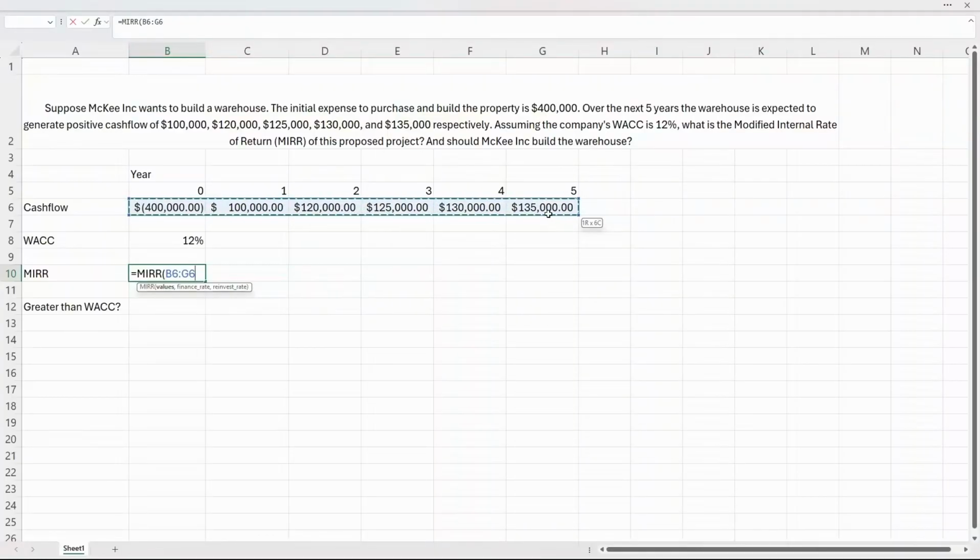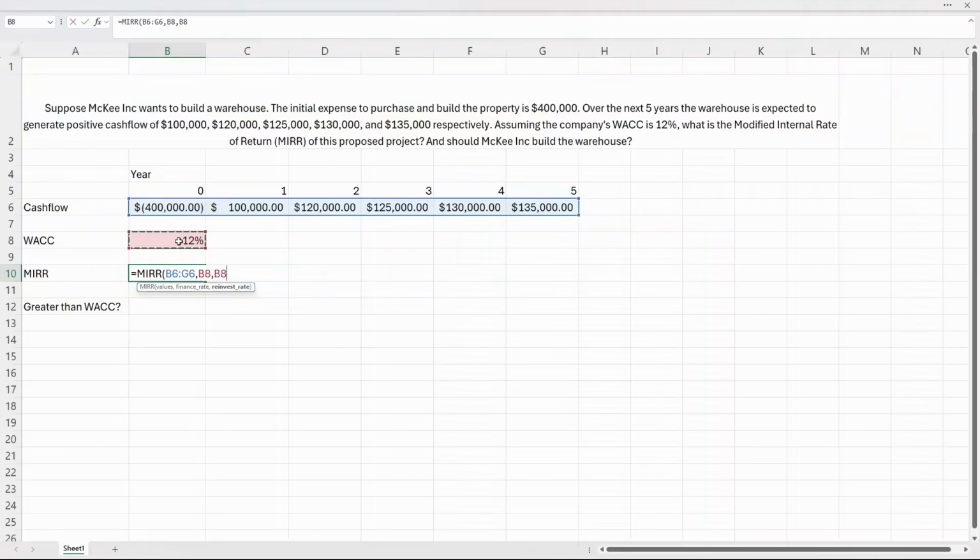We just click and drag from year 0 to, in our case here, year 5, comma, and then we need the finance rate and also the reinvestment rate. Now for both of these, we're going to put in the same interest rate. We're going to put in 12% at B8 for finance rate and B8 again for the reinvestment rate.